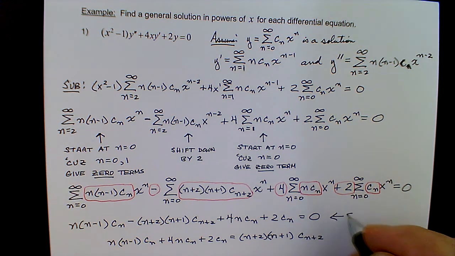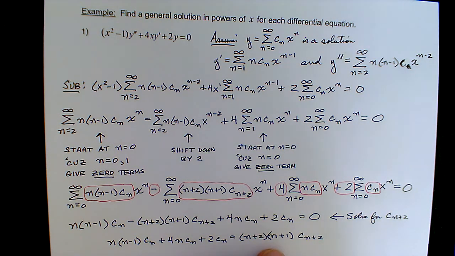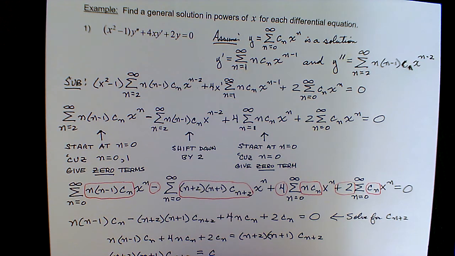So again, what we want to do is solve for c sub n plus 2. Then I'm going to flip-flop these equations. I just want the c sub n plus 2 to be on the left. So n plus 2, n plus 1, c sub n plus 2. But at the same time, from these terms on the right, I'm going to factor out a c sub n. And then I have n minus 1 plus 4n plus 2.